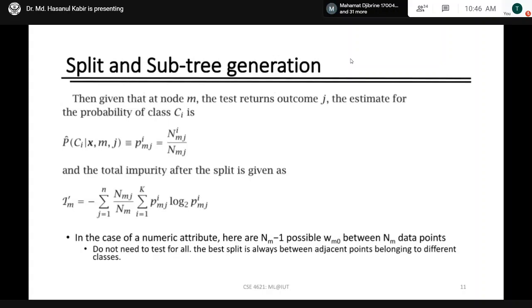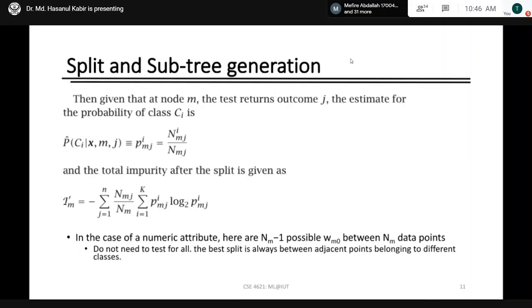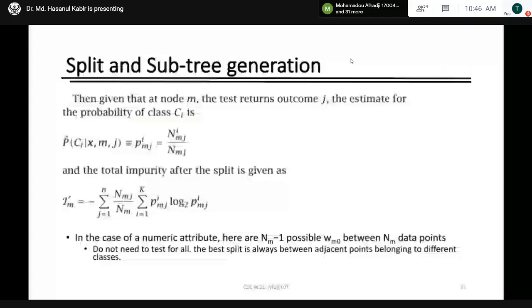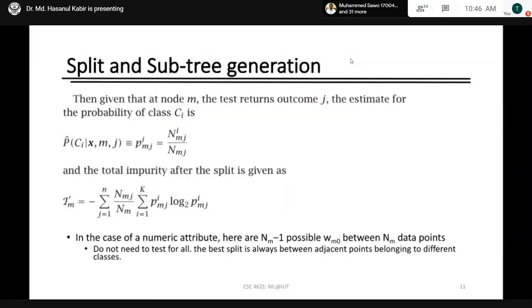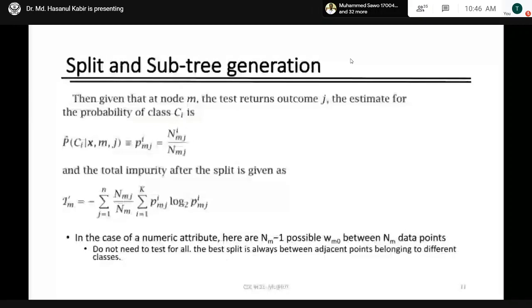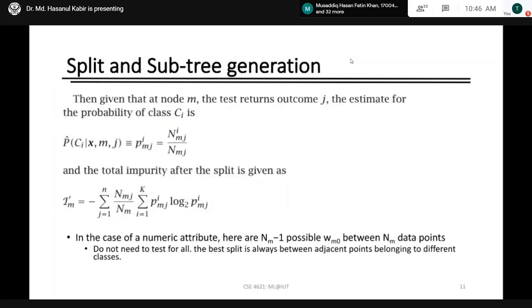That's going to be 10. Among those 10 samples, the first branch took 7 samples, and that number is represented by n subscript j. And among the samples which went to the branch j, how many belong to class i is represented by n superscript i subscript j.